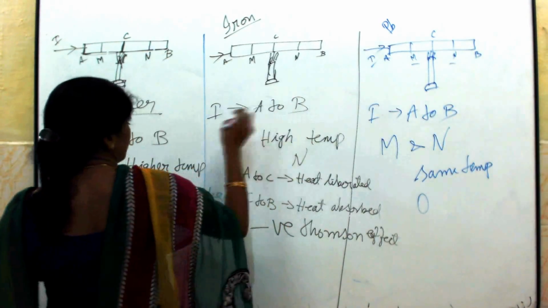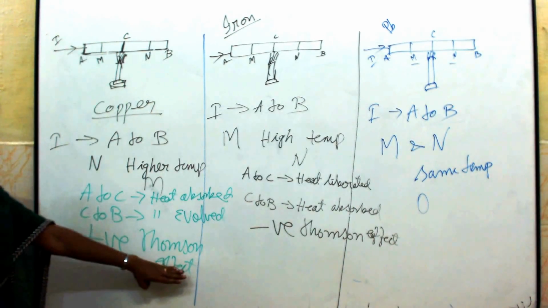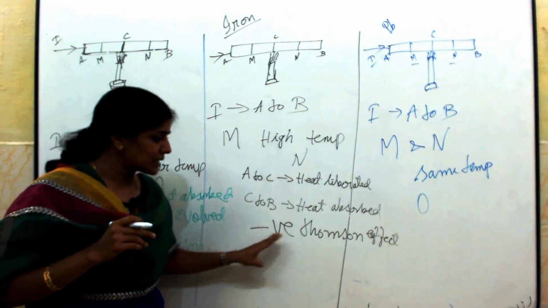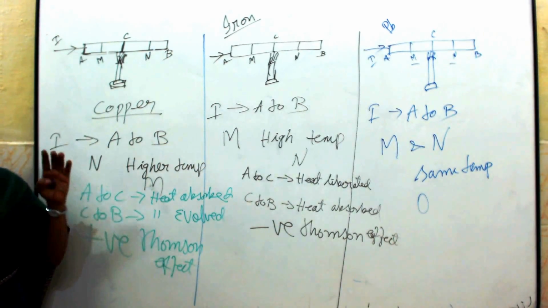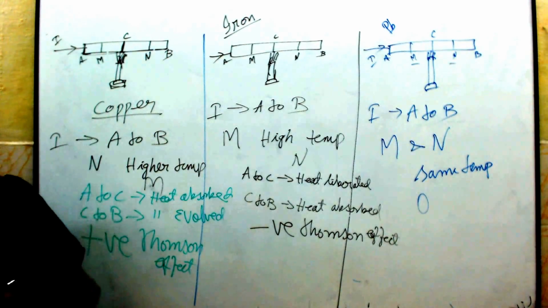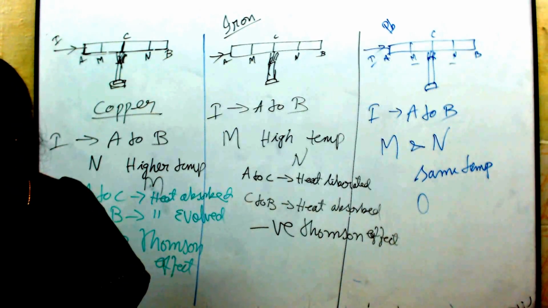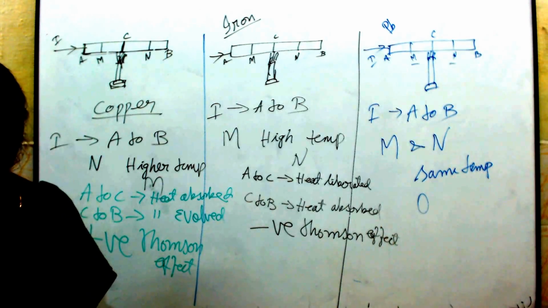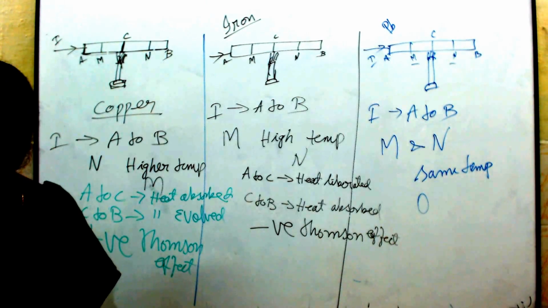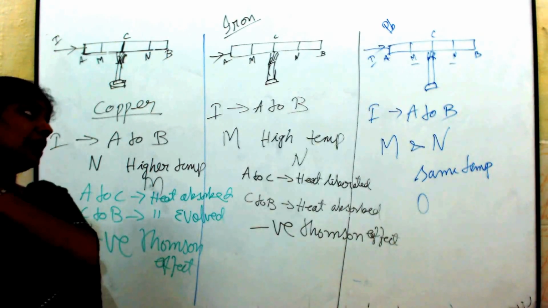He studied all the properties and grouped the metals having this property as positive Thomson effect and those having the negative Thomson effect, and lead is the only metal having zero Thomson effect. Examples of positive Thomson effect are antimony, silver, zinc, cadmium, and of negative Thomson effect, platinum, bismuth, nickel, cobalt.